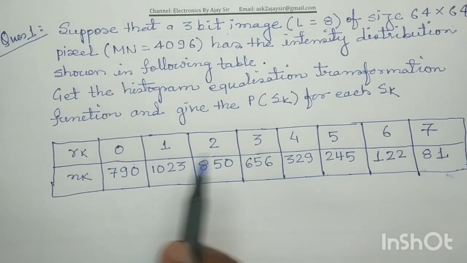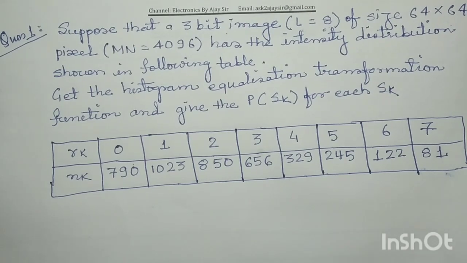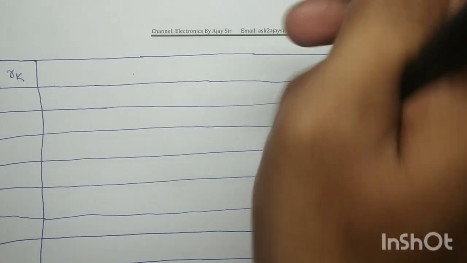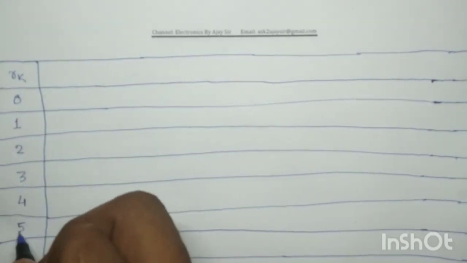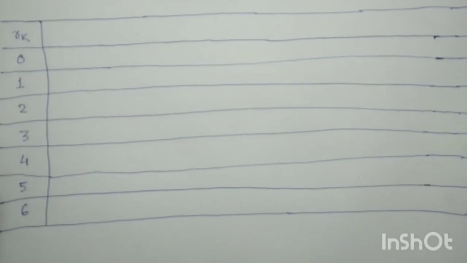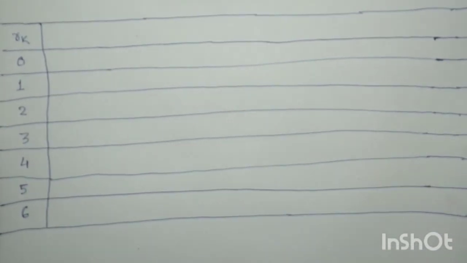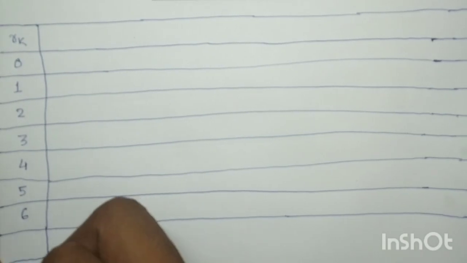It varies from 0 to 7. So I will write like this: 0 1 2 3 4 5 6 7.